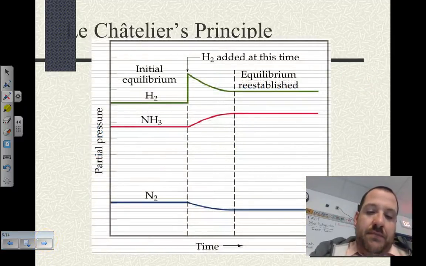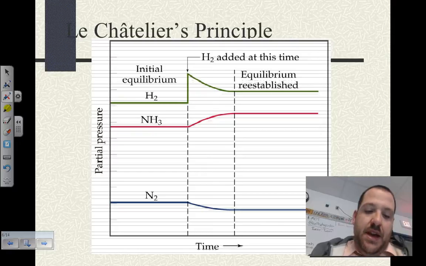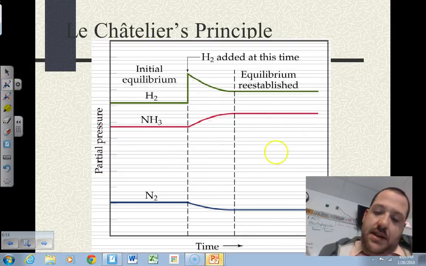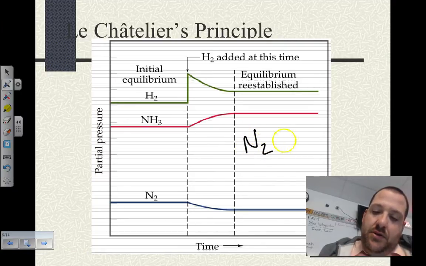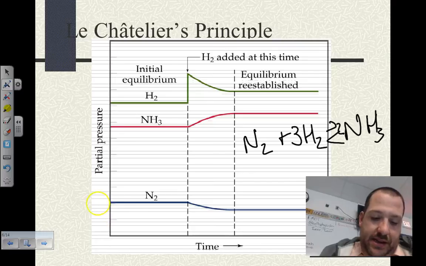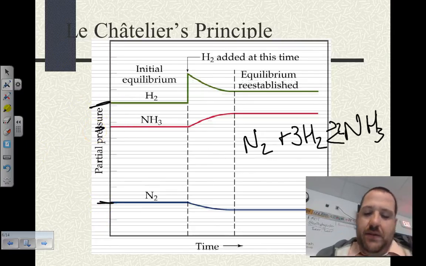Now here's an idea of what happens with Le Chatelier's principle. This is the Haber process, and remember the Haber process is N2 plus 3H2 in equilibrium with 2NH3. You can see that the coefficients are 1, 3, 2, so it's symbolized here.